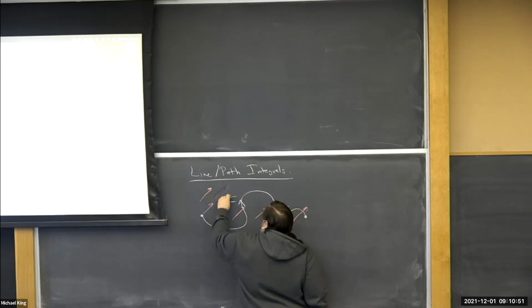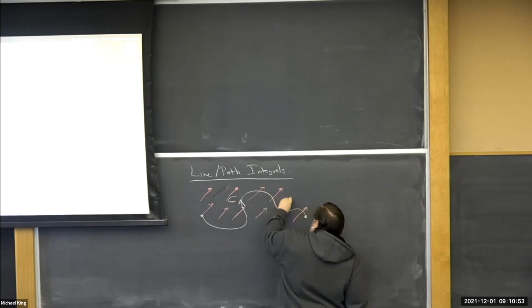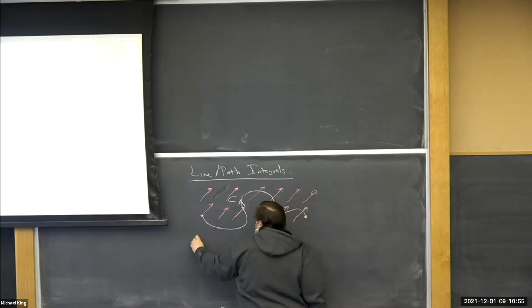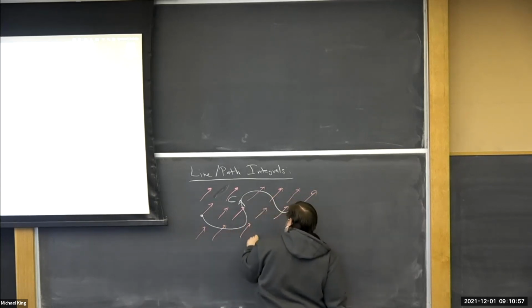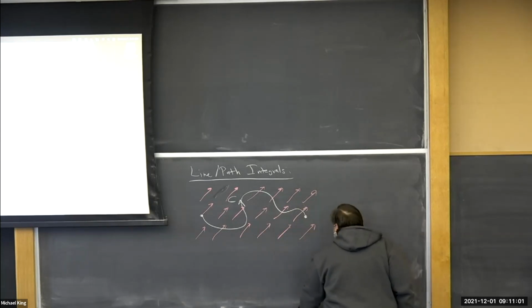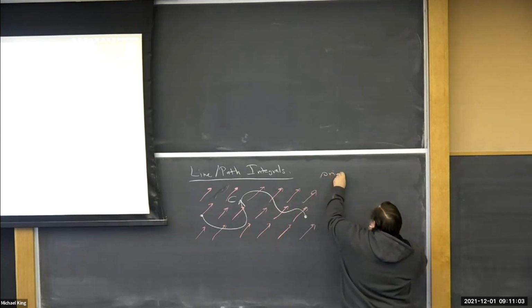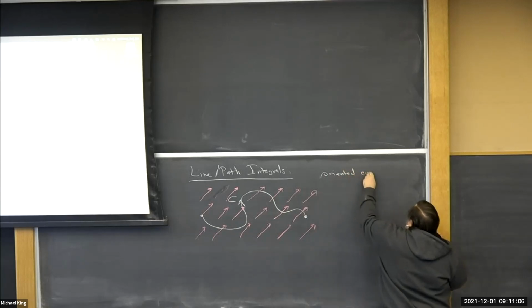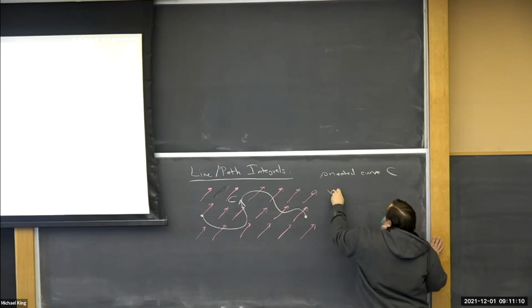Just assume we're living in some vector field. So, oriented path C, oriented curve, where oriented just means we've given it a direction. Vector field F.